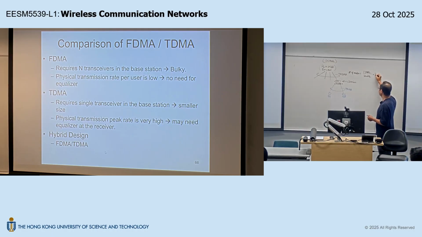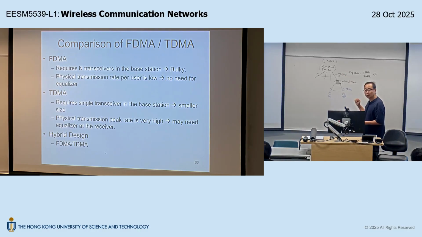This is 75. So instead of 600 radios, a fully equipped base station just requires 75 radios. Is that okay? And then for each carrier, you partition using TDMA into 8 time slots, so you have 8 time slots per carrier. So the total number of channels is still 600. 8 times 75, 600. Okay? So it's the same total number of channels. It's just the way you partition into channels, going through these 2 steps.